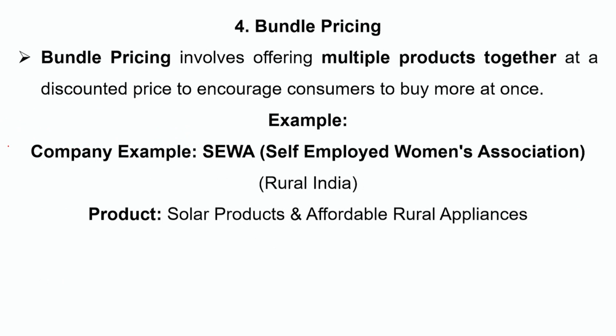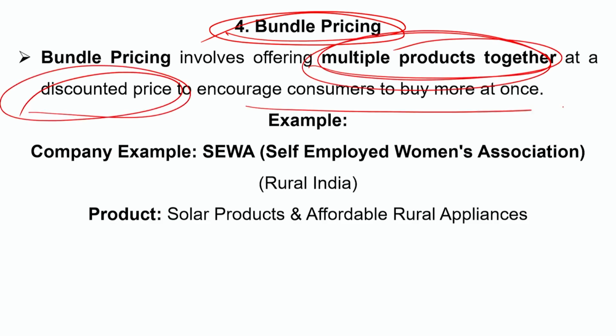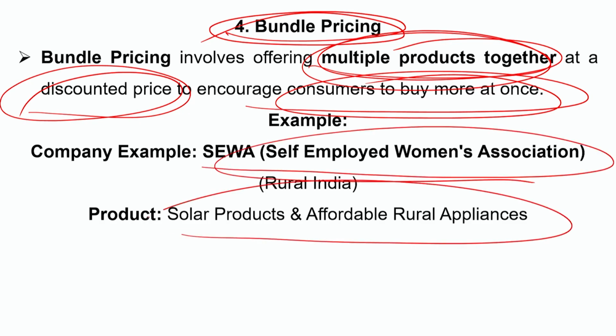There is bundle pricing also. I told you bundle. Bundle means a combination of 3 or 4 products. So what do they do? They offer multiple products together at a discounted price to encourage customers to buy more at once. For example, Seva, what did they use? Solar products and affordable rural appliances. Or you can take any example.